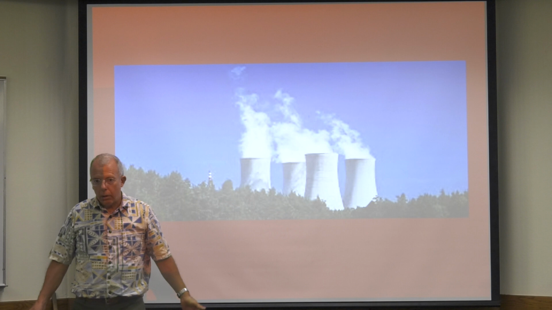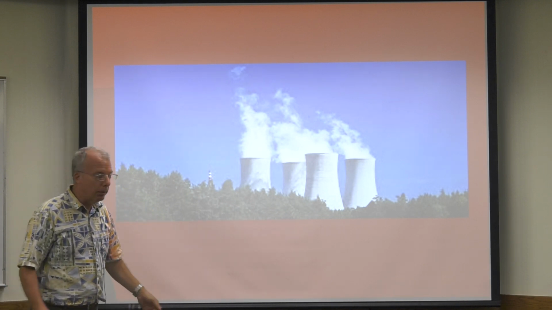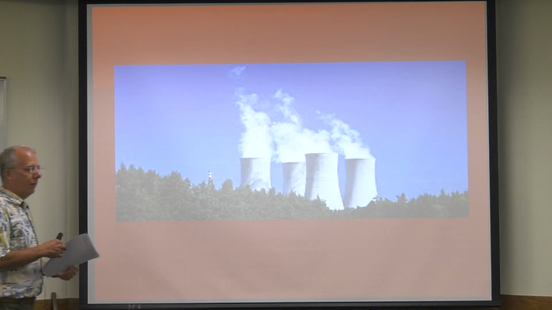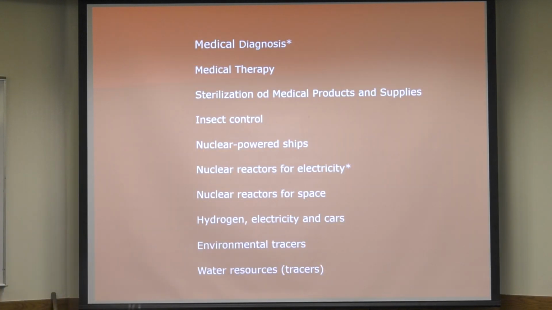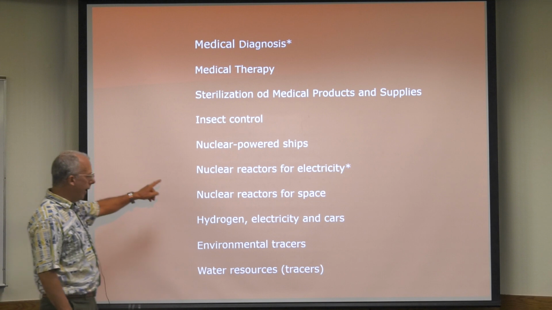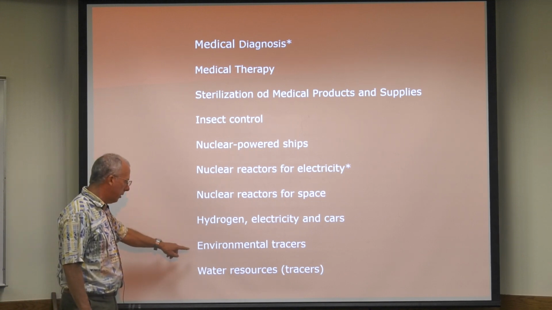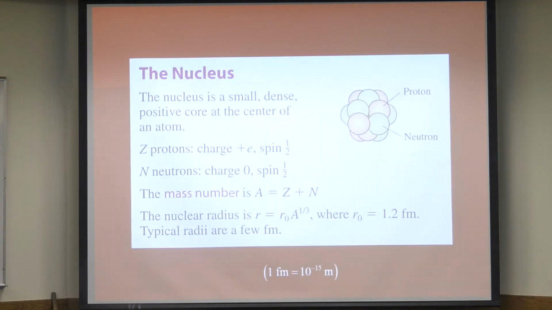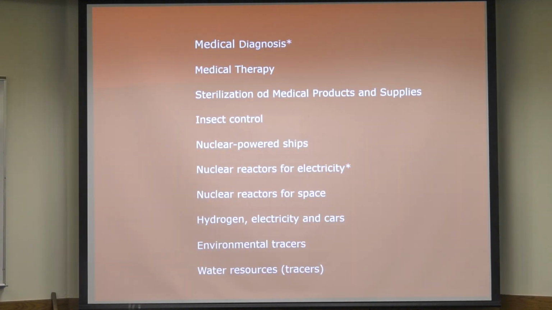It's steam. That's all it is, steam. These are called cooling towers. They just cool high-temperature water. All right, nuclear reactors for space, hydrogen, electricity in cars, environmental tracers, water tracers. And on and on. So it's used all over the place, okay?